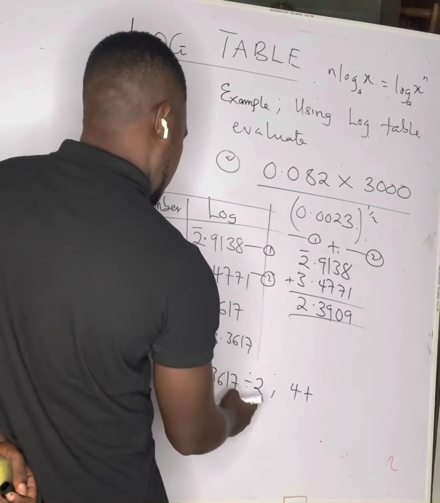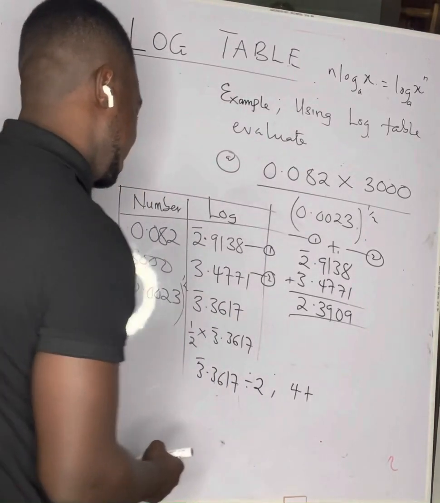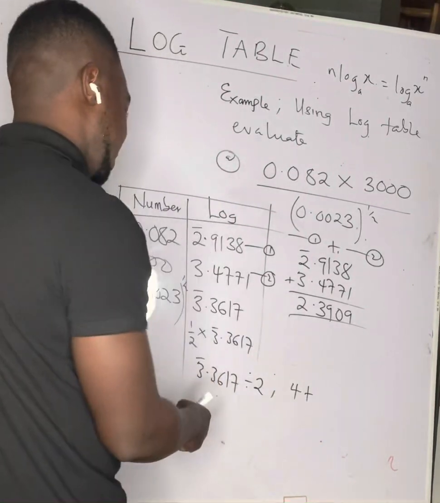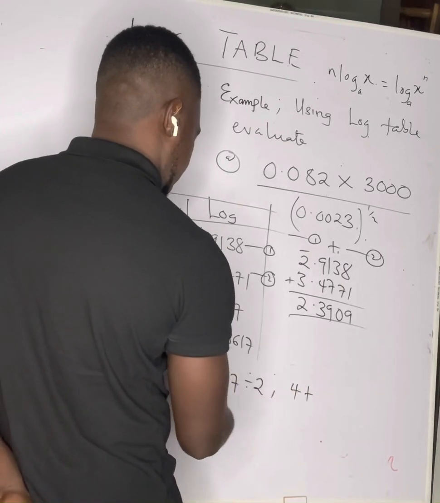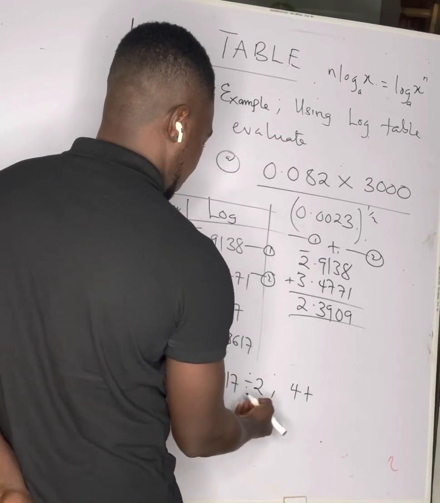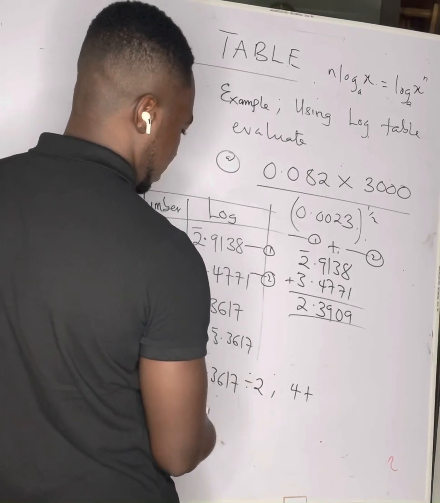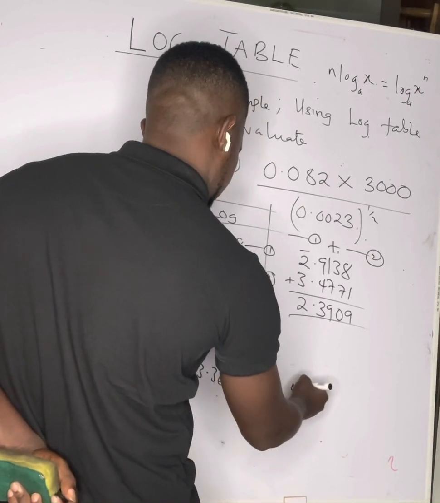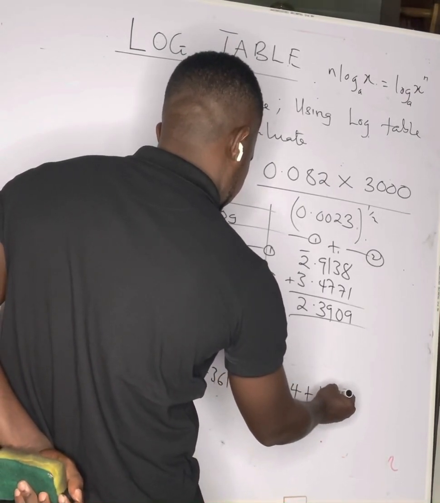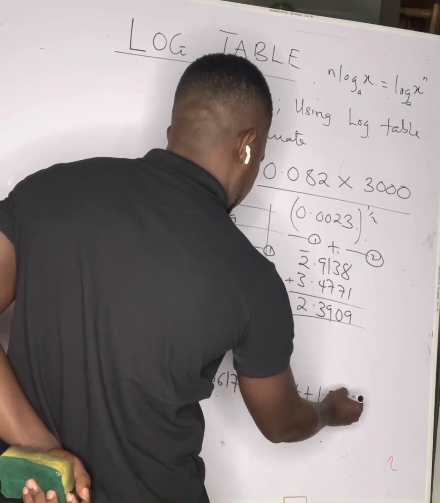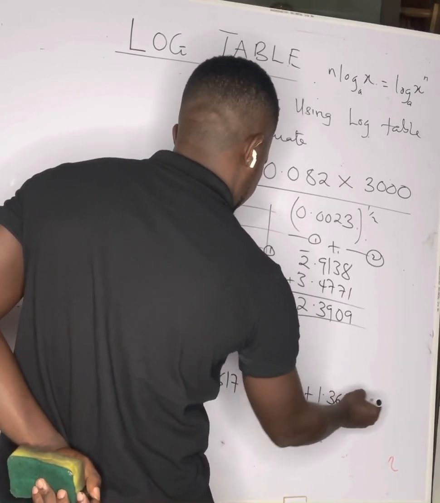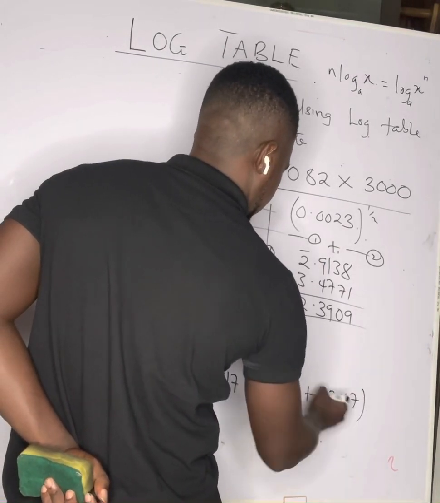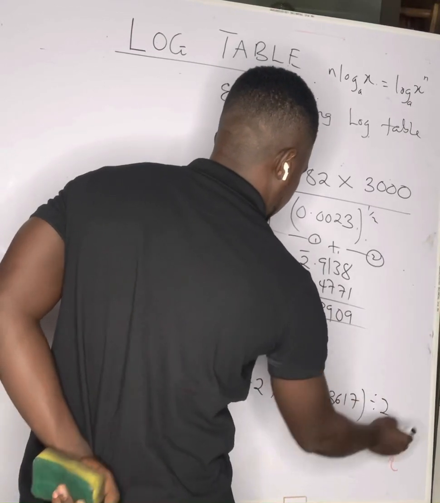So 2 dividing this expression minus 3, to make sure that the 2 goes into this without a remainder, I look at factors of 2: 2, 4, 6, 8, so plus 1.3617 like this. Then I'll divide it by 2.